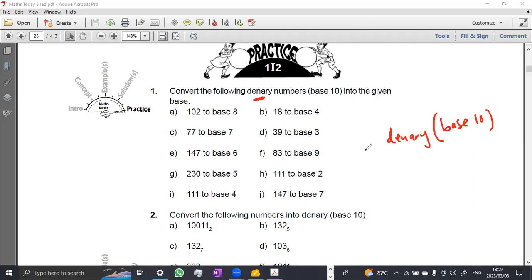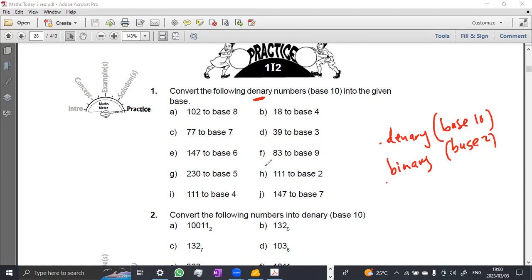Even if they ask like this in the question paper, they will specify that it's base of 10. Then another important base is binary. Binary is base of 2, and so forth. So for now it's not that important, just to know because they've given it like that. But what is important is to note how to convert base 10 to any base.